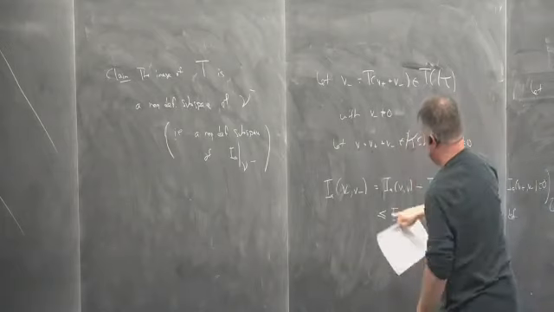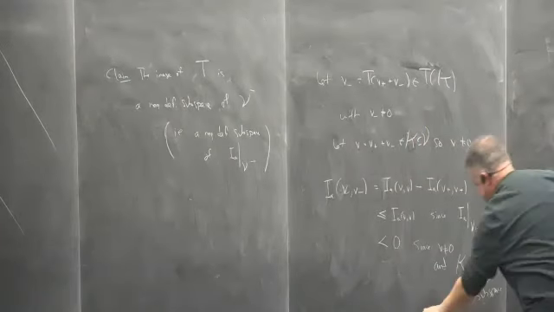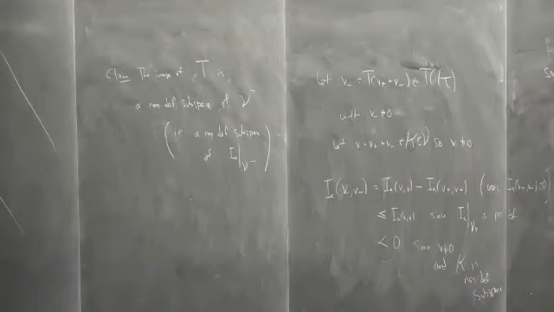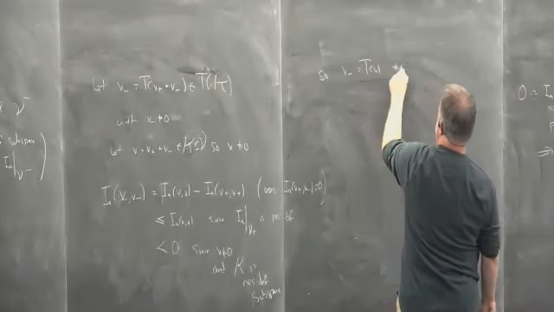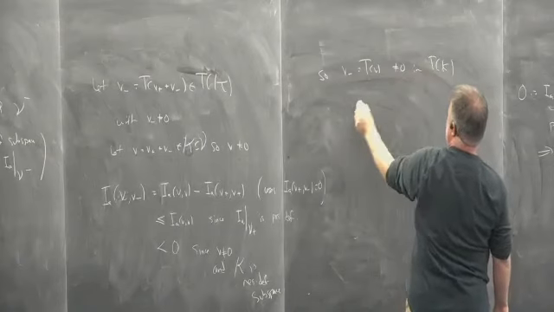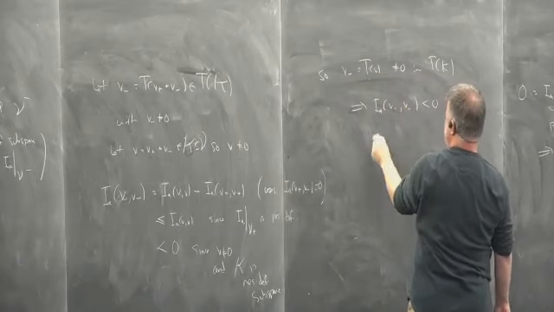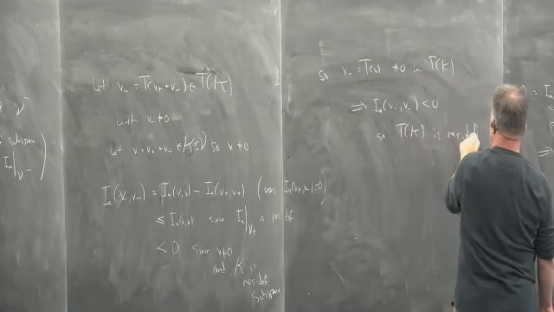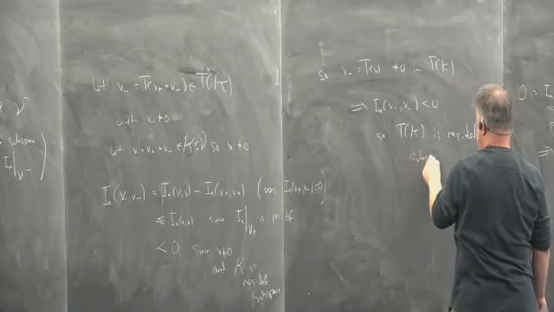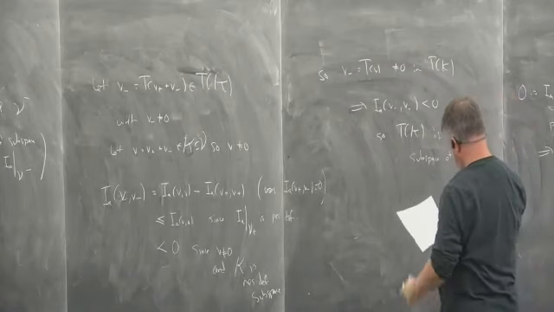Okay. So that means that V minus equals T of V, non-zero in T of K, implies IA of V minus is negative. So TK is a negative definite subspace of V minus.